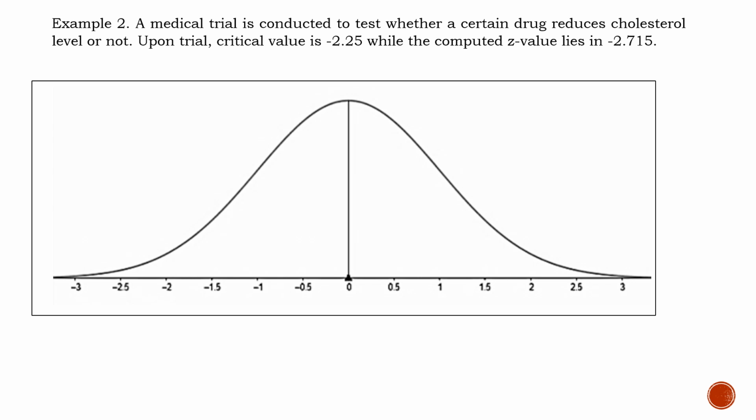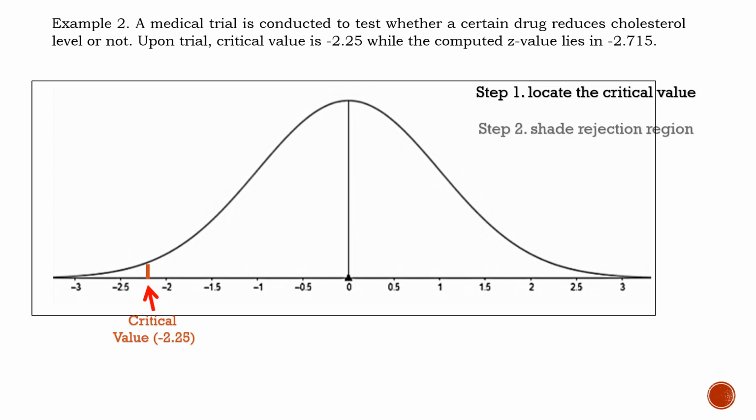So based on the illustration, the negative numbers are on the left side. So let's answer this one. Step number 1, we have to locate the critical value, and that is negative 2.25, and that is in between negative 2 and negative 2.5.